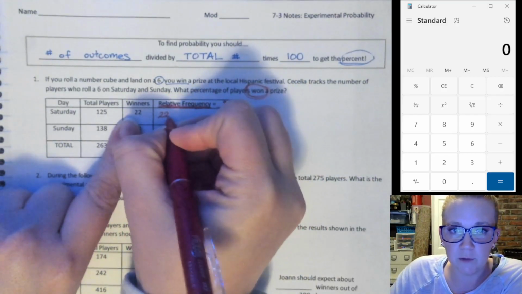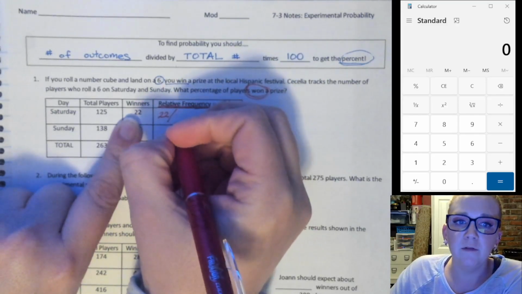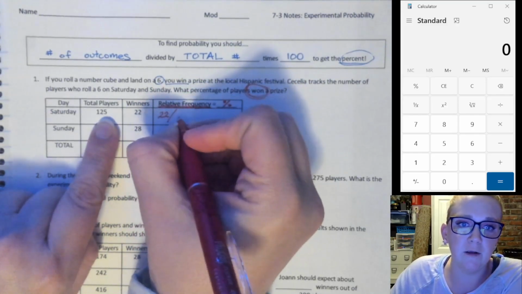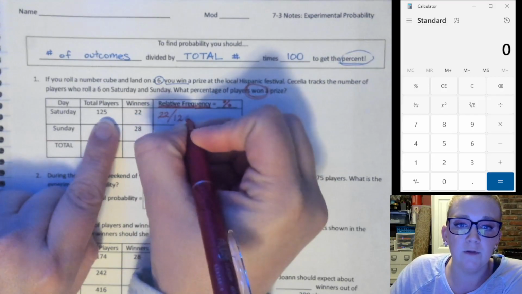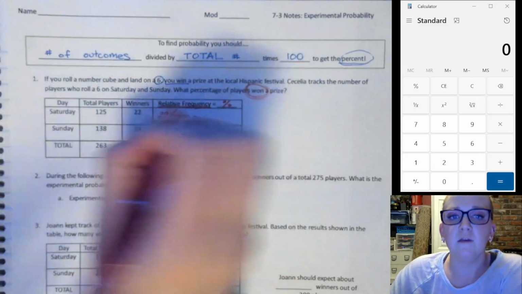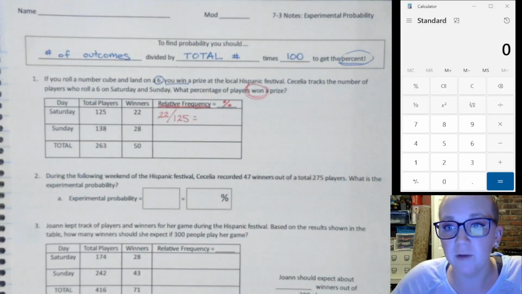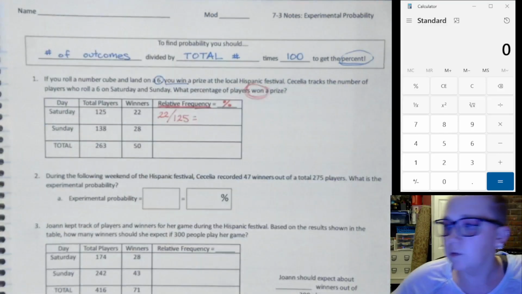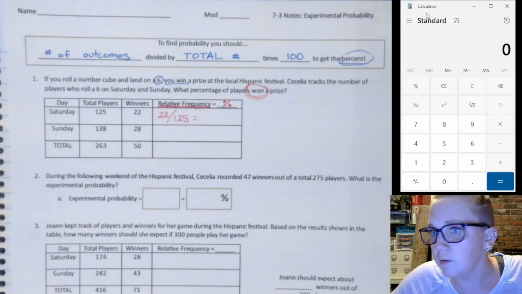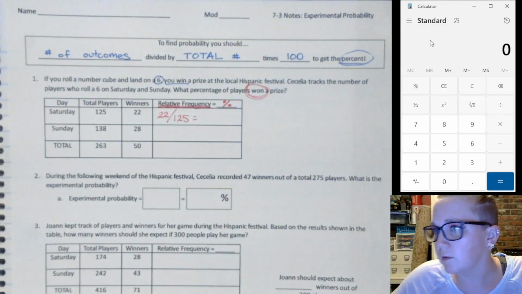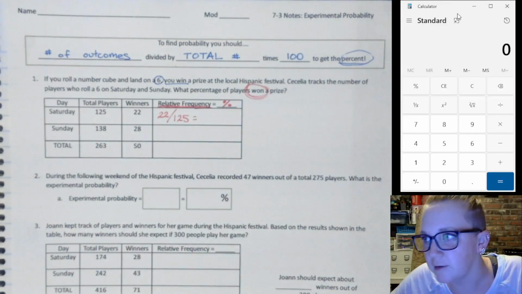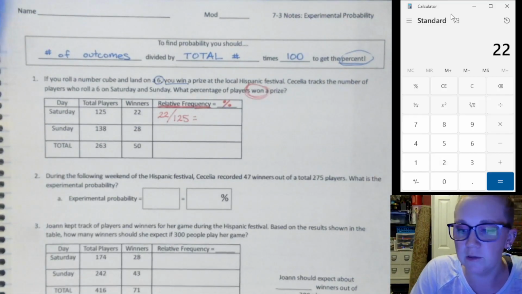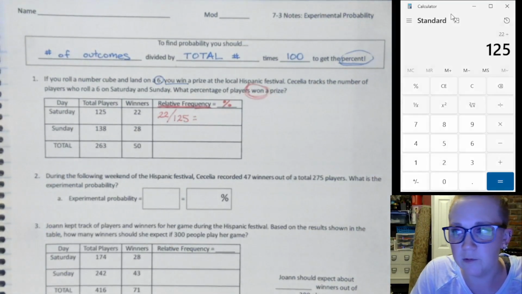We're going to take 22 out of how many people played on Saturday, which is 125. So in our calculators, we need 22 divided by 125.